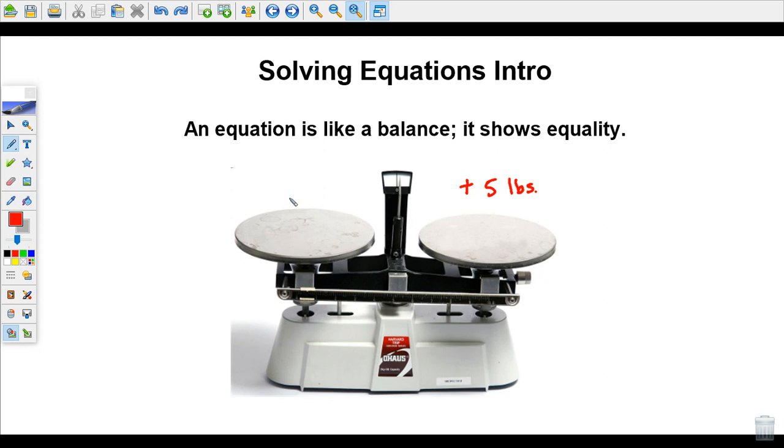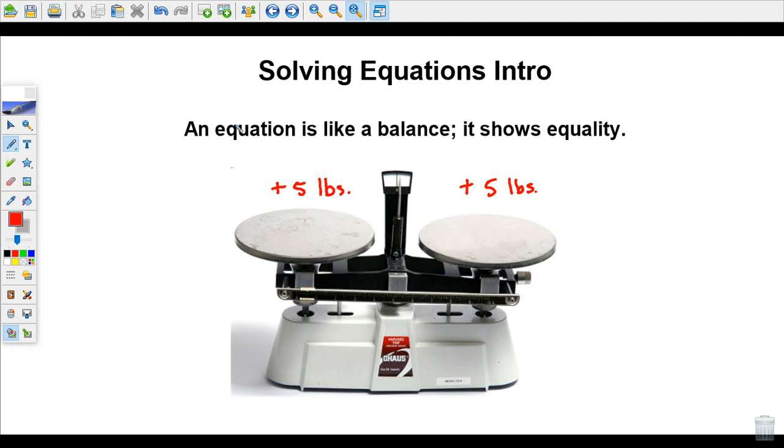However, what if I add 5 pounds to this side, just like I added 5 pounds over here? What happens? I think we all know it's going to stay balanced. It's going to stay level. It's going to stay equal. So adding the same amount to both sides of this balance doesn't really change anything. Keeps it equal, keeps it balanced.